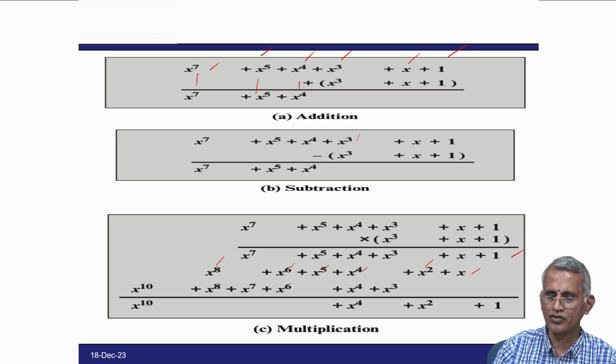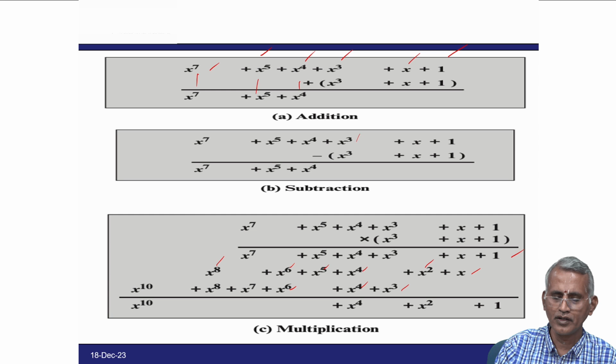We have 1 into x cube is x cube, x cube into x is x power 4, x cube into x cube is x power 6, x cube into x power 5 is x power 8, x cube into x power 4 is x power 7, x cube into x power 7 is x power 10.